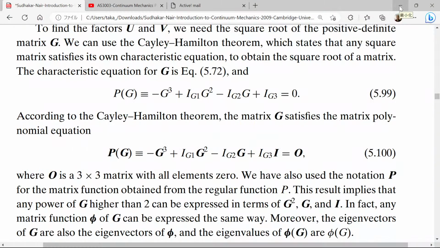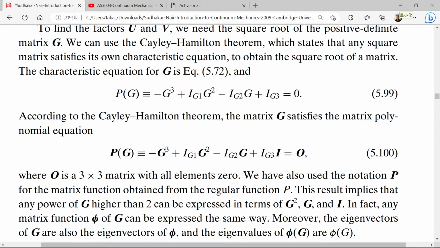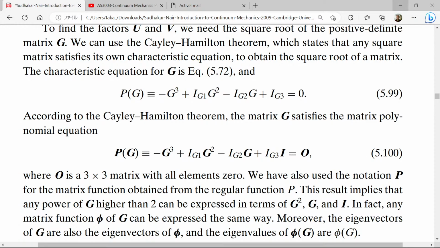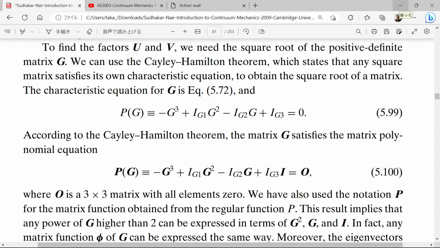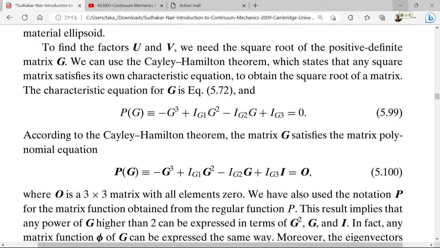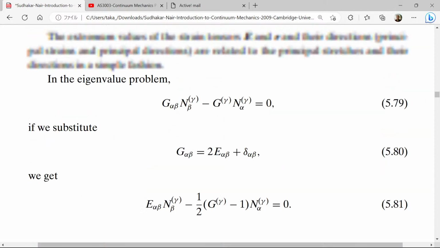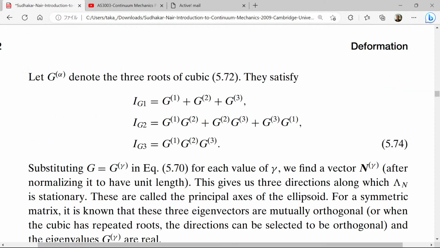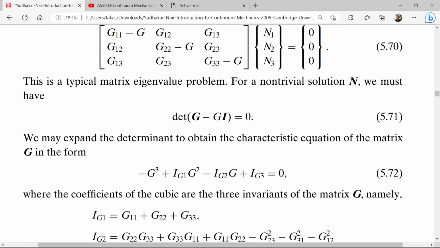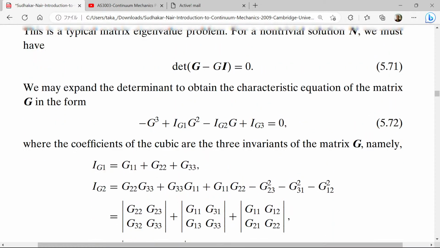The matrix G satisfies the matrix polynomial equation. Let's go back to 5.72. We have this one. So this is the eigenvalue.